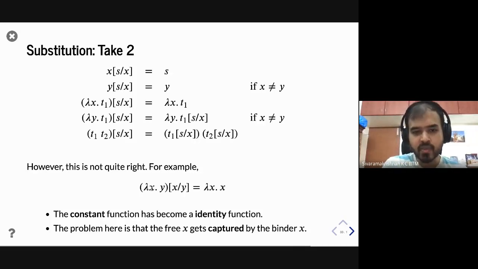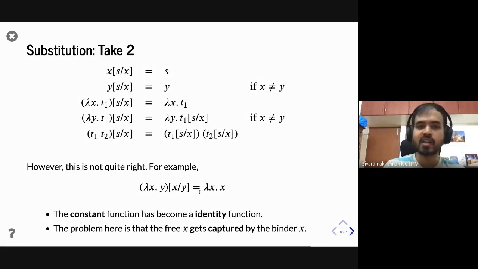But because we use the same binder name, x, here, if you do the substitution where you replace x for y in this term, we get lambda x dot x, which is an identity function. So this constant function has become an identity function because of the substitution. This is not what we want.